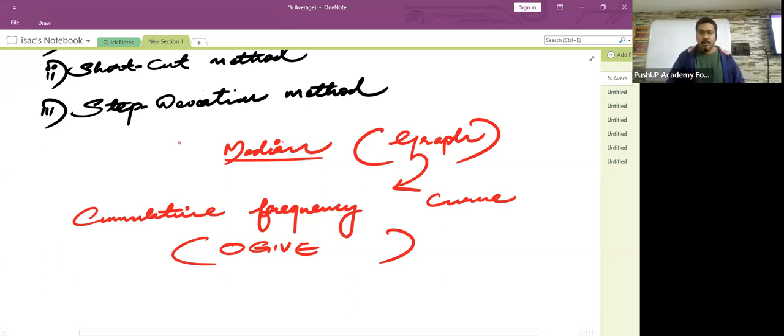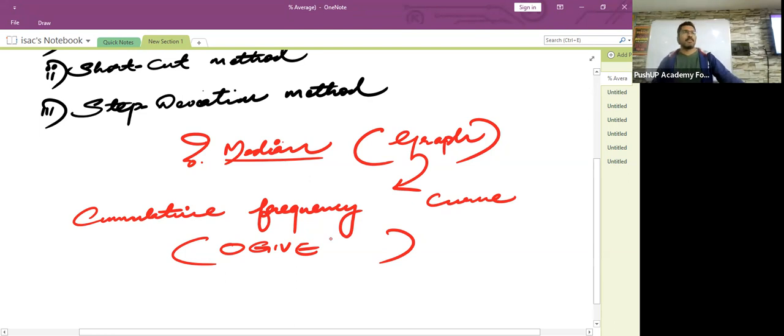So children, in order to find a median, you are supposed to draw the cumulative frequency curve on the graph paper, and then by using the cumulative frequency curve, you are supposed to find the median of the given question. Now everything is going theoretical, children. You just note it down. Later on, everything will get into your head.